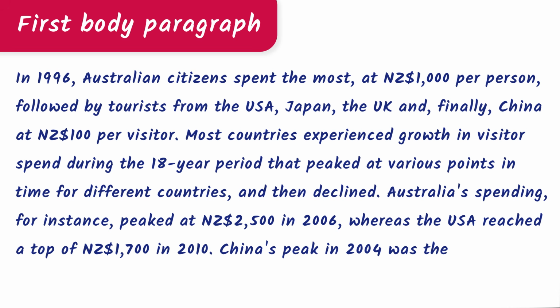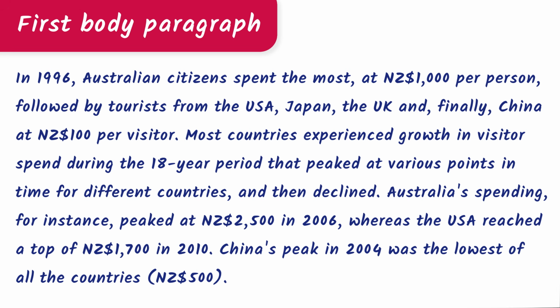And China's peak was the lowest. So it's a good idea to also write about China, which the peak was the lowest among the other four countries, all right? So China's peak in 2004 was the lowest of all the countries, $500 New Zealand dollars.